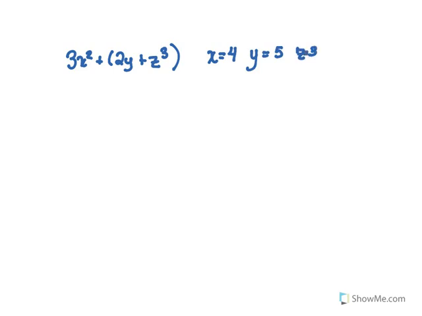Okay, so we're going to first substitute these values in. So this is 3 times 4 squared plus, in parentheses, 2 times y, which is 5, plus z, which is 3 cubed.